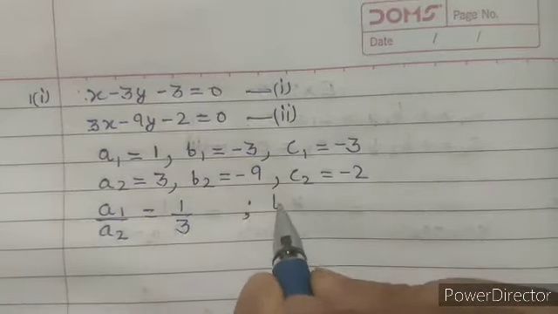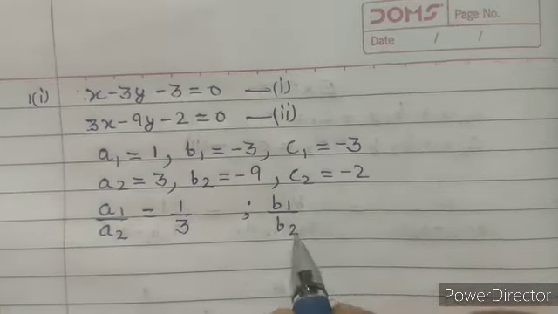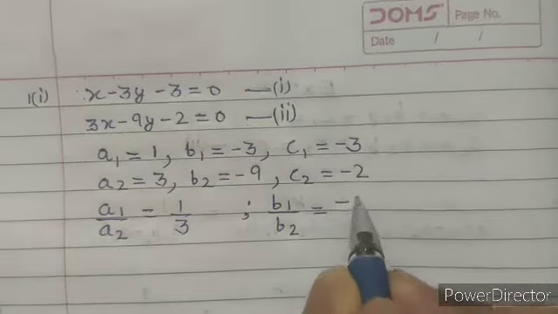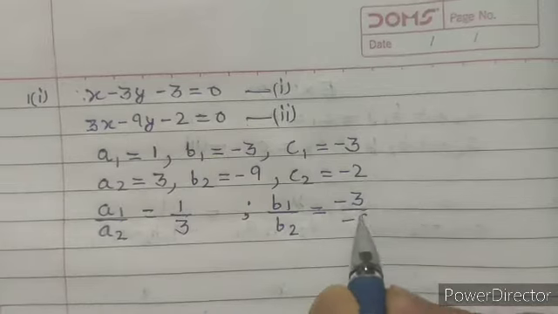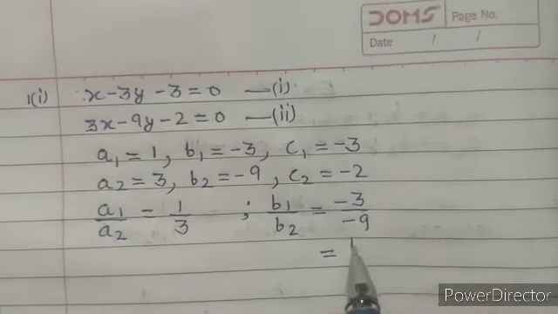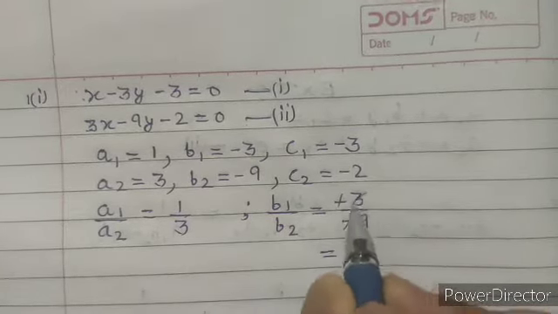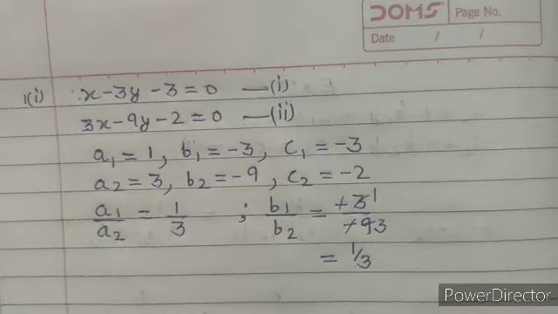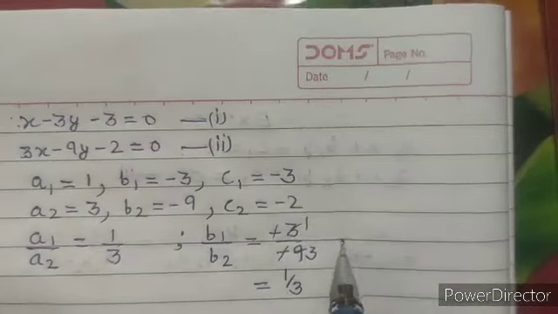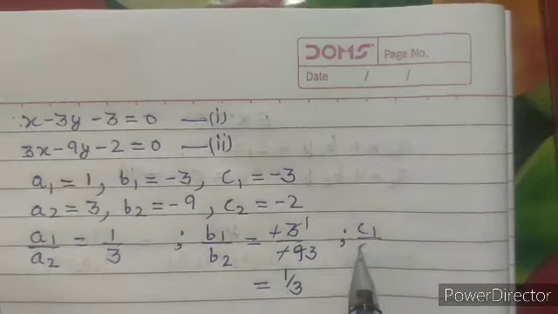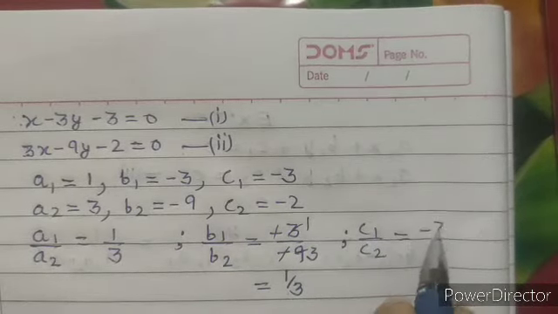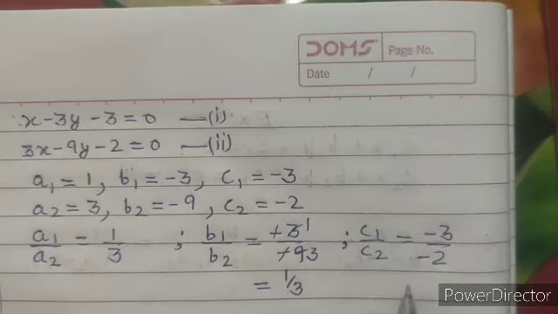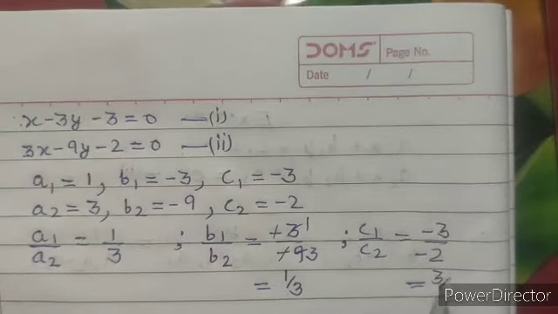Similarly, the ratio of the coefficients of y in the first and second equations is minus 3 upon minus 9, and that is again 1 upon 3, since 3 ones are 3 and 3 threes are 9. Now the third one, c1 by c2, is equal to minus 3 by minus 2, and that is equal to 3 by 2.